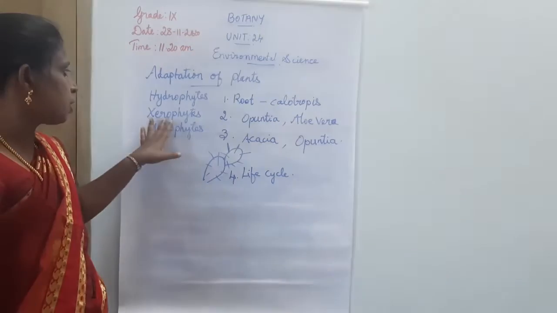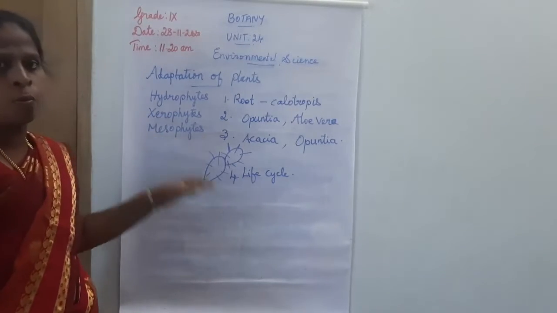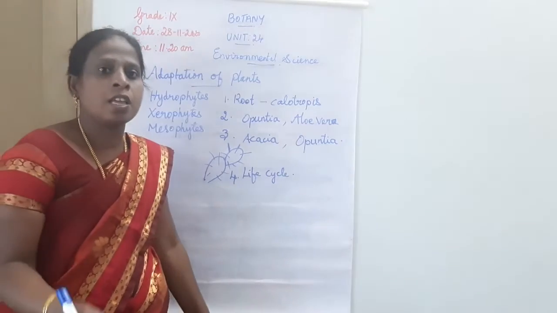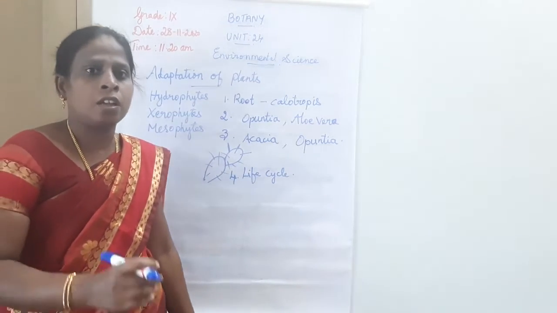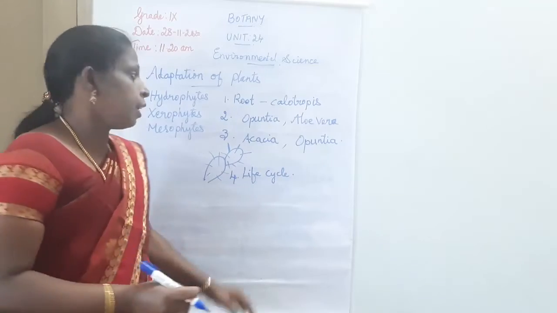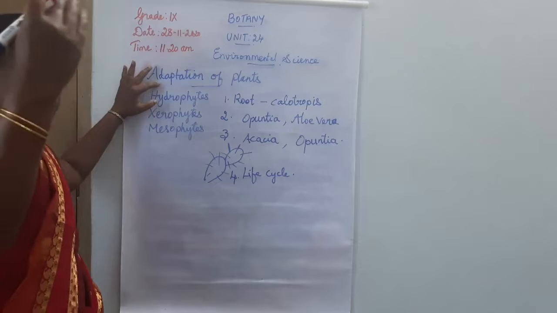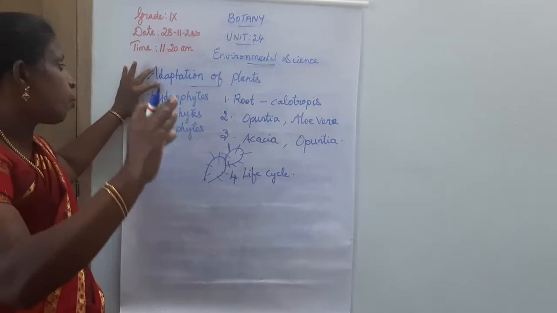So, we have studied about xerophytes. The next type is mesophytes. What do mesophytes mean? Here the plants grow under normal temperature. Hydrophytes grow in an extreme condition, that is water.